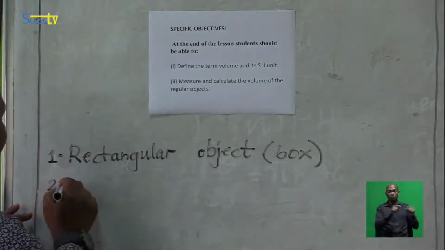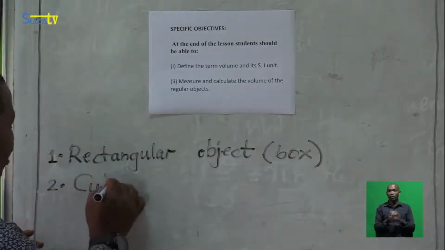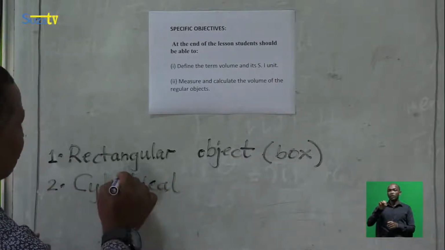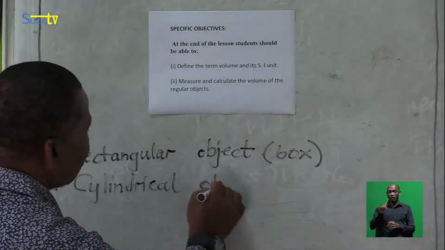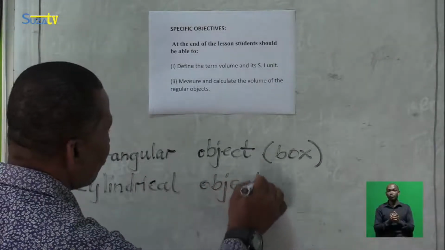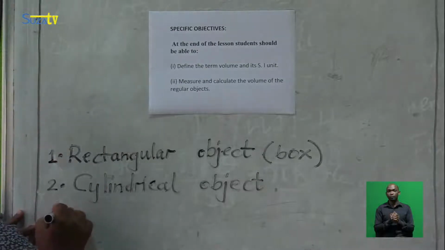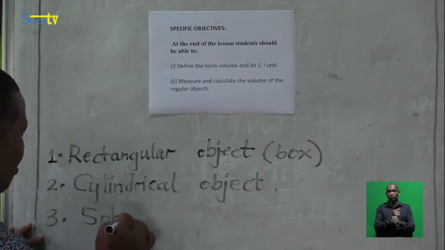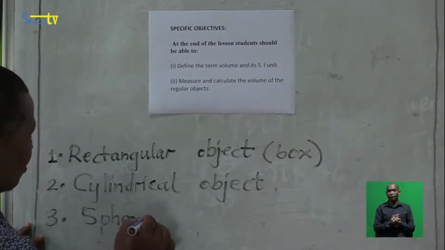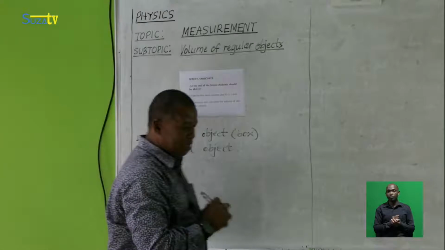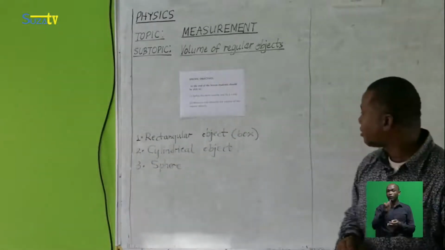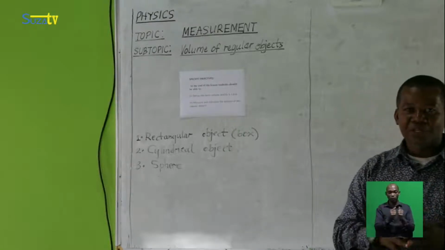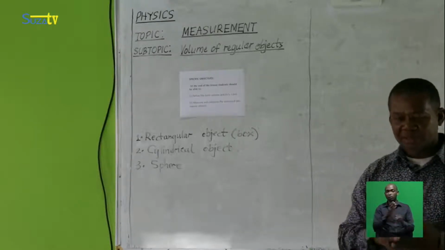The second one, we have the cylindrical object. Then, number 3, we have the sphere. Those are the 3 important regular objects that we are going to measure and record the volume of.